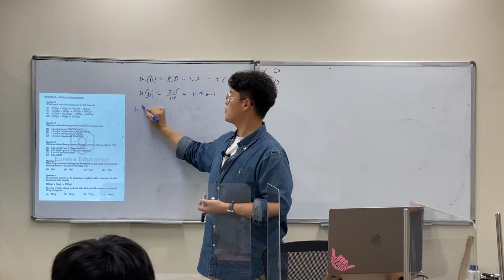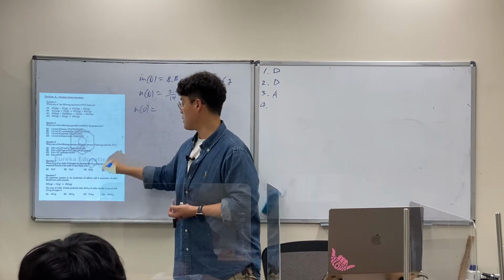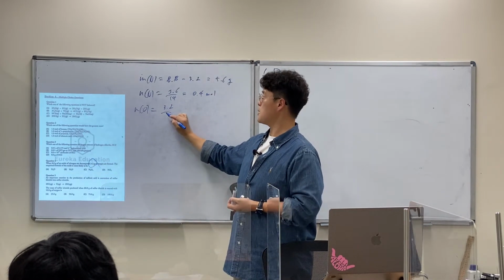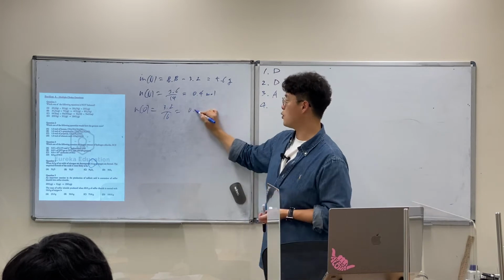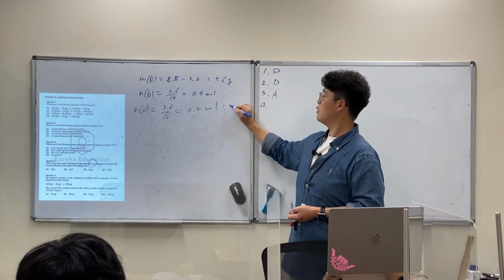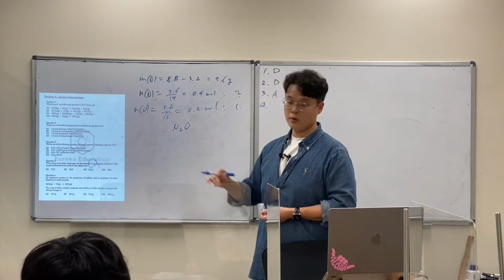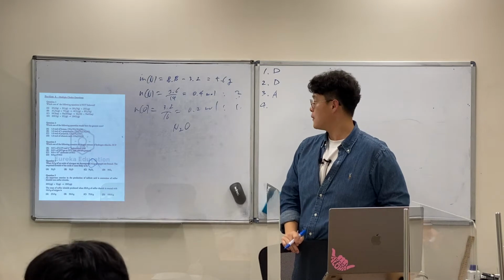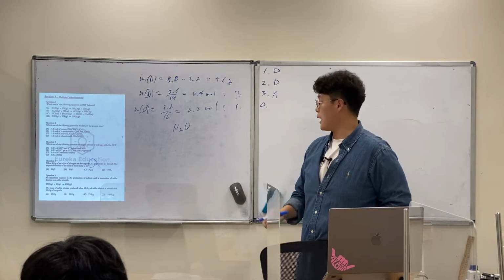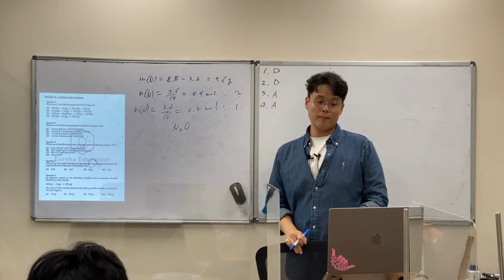What about the oxygen? We're given the mass of oxygen, 3.2, and 3.2 divided by 16 gives 0.2. What is the ratio? 2 to 1. Therefore, it'll be N2O. That's the final answer. So the Question 4 answer is A. Okay, everyone good?